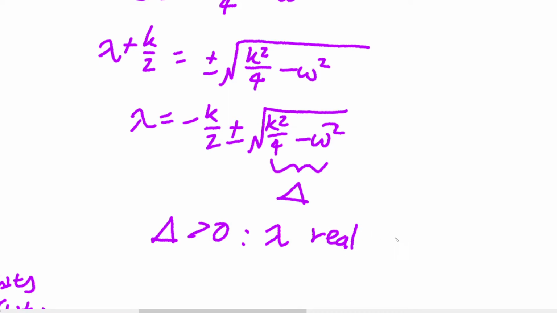And what does that imply for our x of t function? That means that x of t is going to be some function e to the lambda t without any imaginary part.